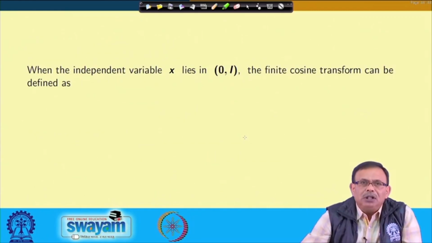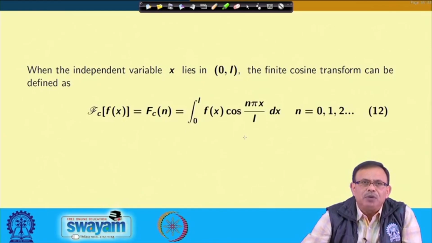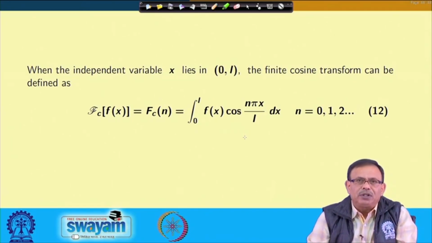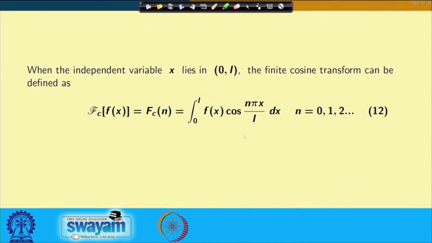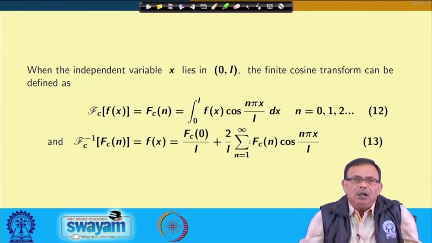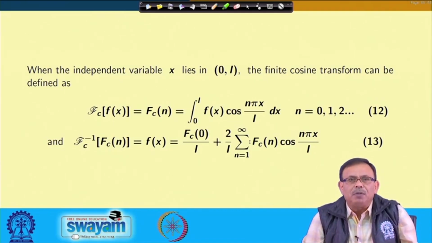And when the independent variable x lies in 0 to L, the only change is that the limit of the integration is from 0 to L. So, that is f(x) cos(n pi x by L), and this is for n equals 0, 1, 2 like this, and the inverse Fourier cosine transform will be f(x) equals f_c(0) by L plus 2 by L summation n equals 1 to infinity f_c(n) into cos(n pi x by L).